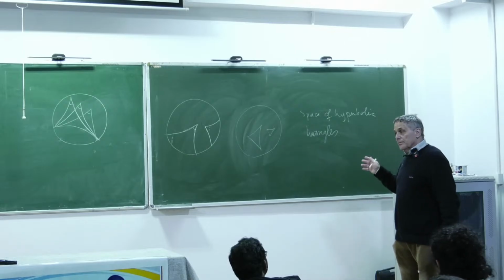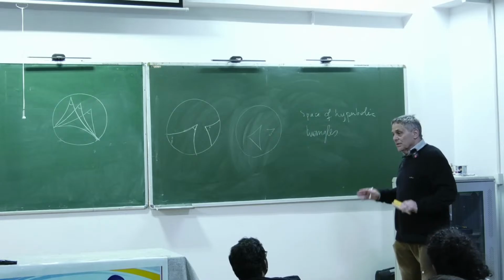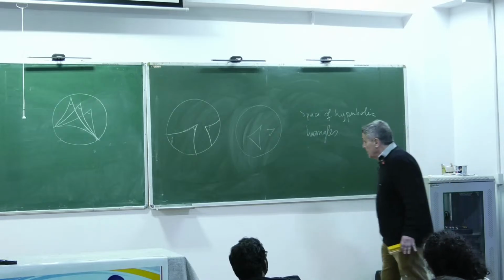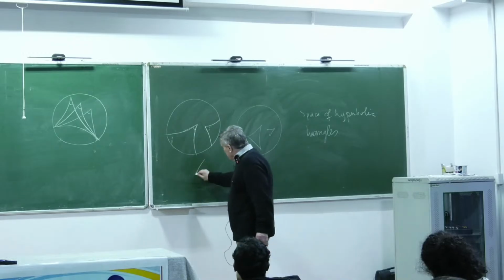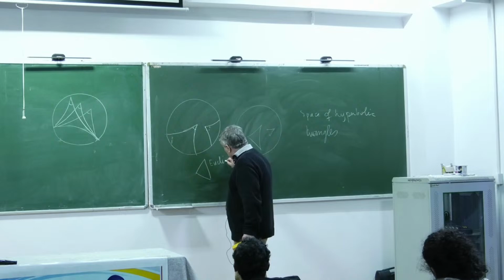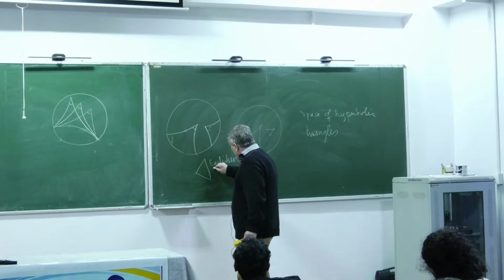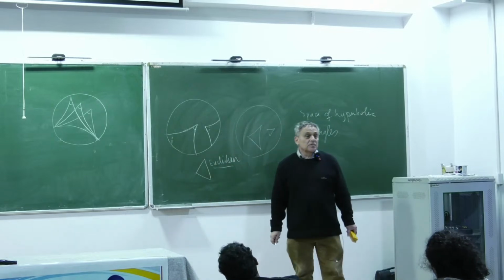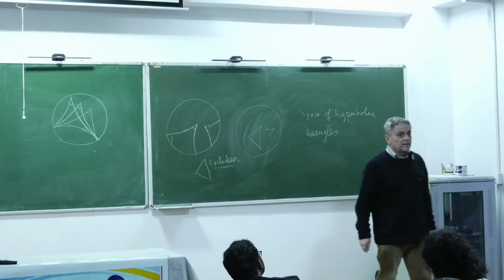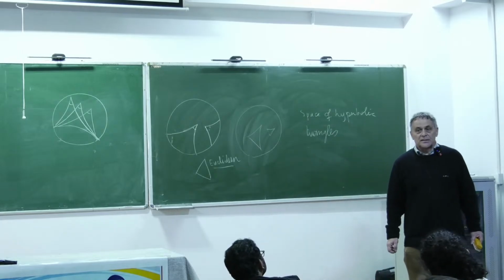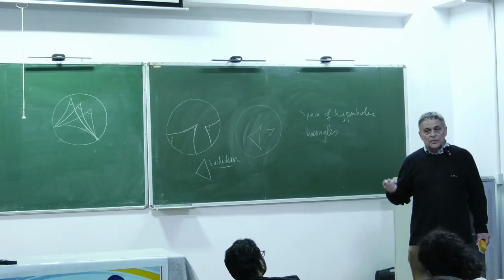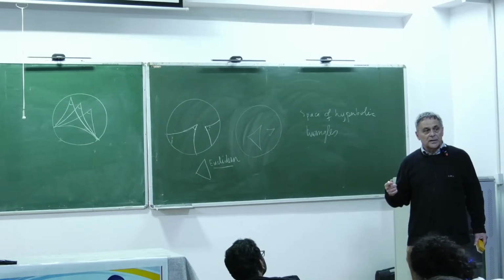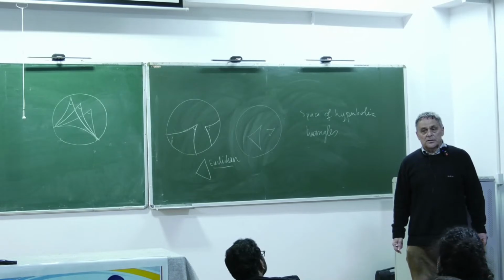I thought a little bit about it with some co-authors. We didn't find any interesting result. Whereas, as I told you, we have written several papers on the space of Euclidean triangles. On the space of Euclidean triangles, we have some results. In fact, we have a metric. We can describe the geodesics. We can describe the isometries of this metric. We can describe the infinitesimal structure and so on.